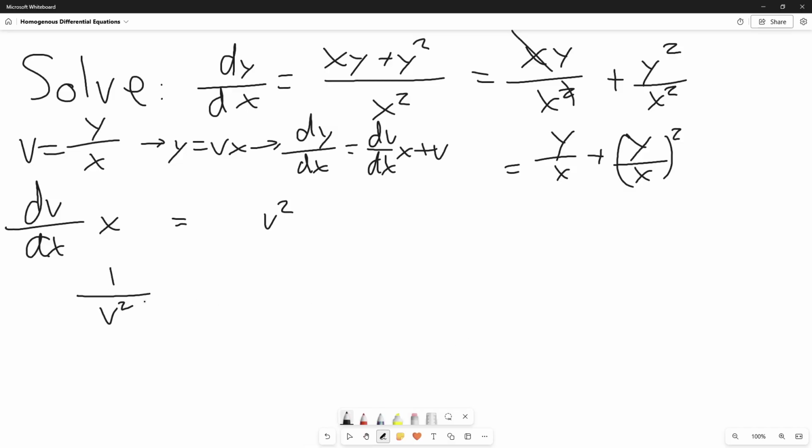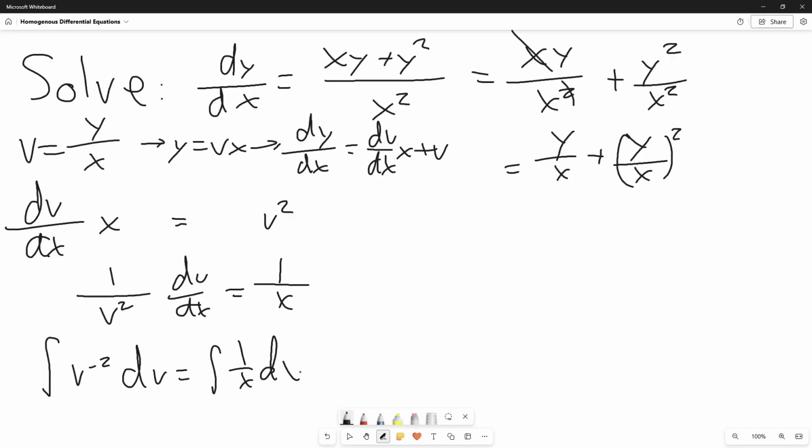So 1 over v squared dv over dx is equal to 1 over x. Take the integral. The integral of v to the negative 2 dv is equal to the integral of 1 over x dx. And this is v to the negative 1 over negative 1. So negative 1 over v is equal to ln absolute value of x plus c.